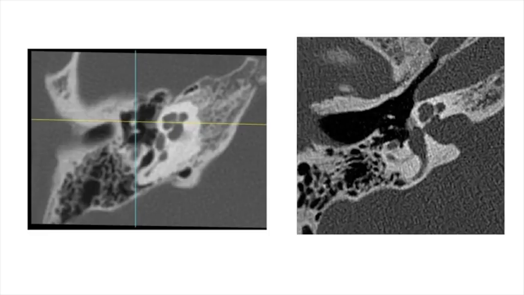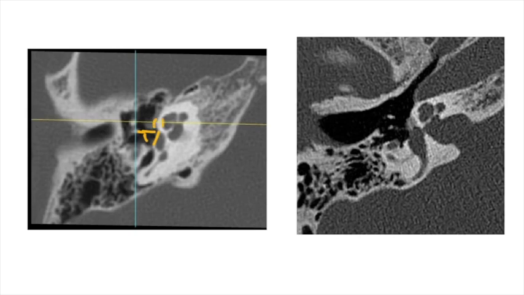In a similar fashion, let's compare normal and abnormal CT anatomy on axial section through a temporal bone. First, let's look at the normal temporal bone on the left. We can see the stapes here resting in the oval window. Anterior to it, between the vestibule and the cochlea, is bone of normal, appropriate density.